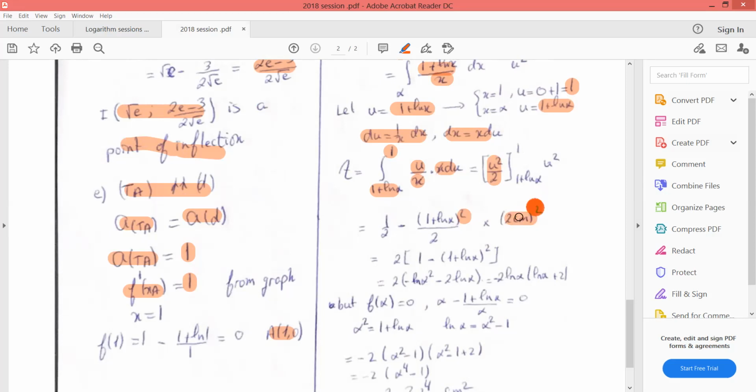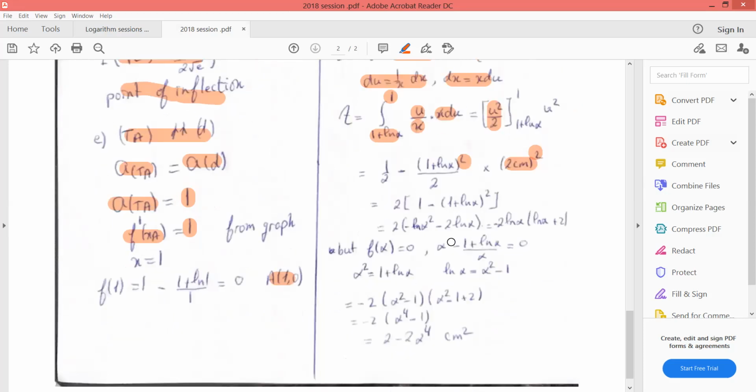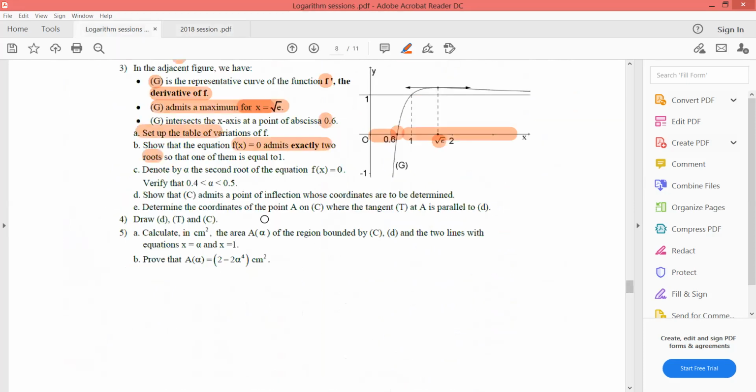Pay attention that the unit is 2 centimeters. 2 squared is 4, and 4 is multiplied by this value. We get 4 times half: 2 into 1 minus (1 plus ln alpha) squared. We expand, we get minus 2 ln alpha into ln alpha plus 2. So we get A alpha. This is the first part.